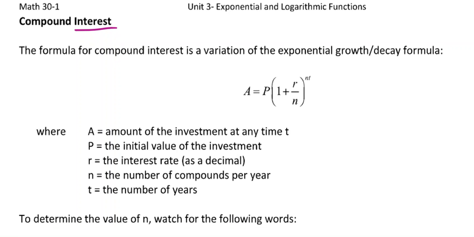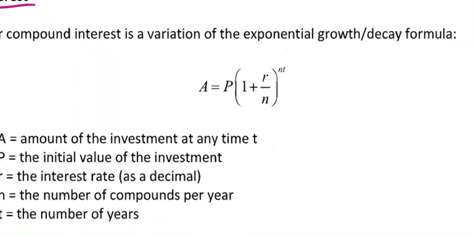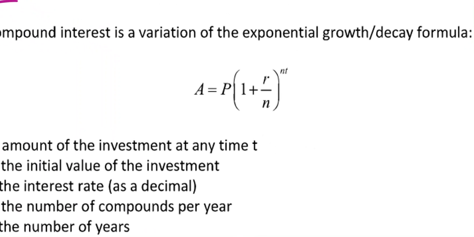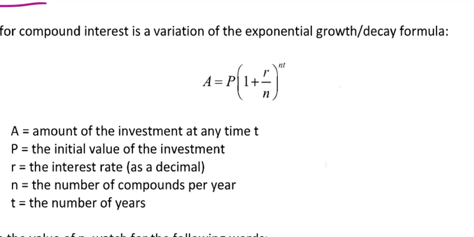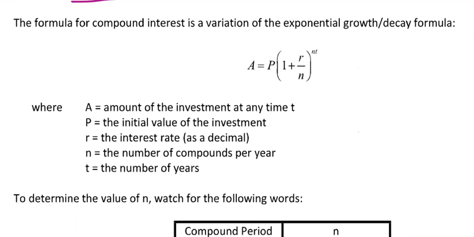All right, so the formula for compound interest is a variation of the exponential growth decay formula. So here is our compound interest formula. It's not on your formula sheet. It would usually be given to you in a question, but I've seen it where it hasn't, so it's a good idea to memorize this one. But if we break it down, it's not as confusing as we think.